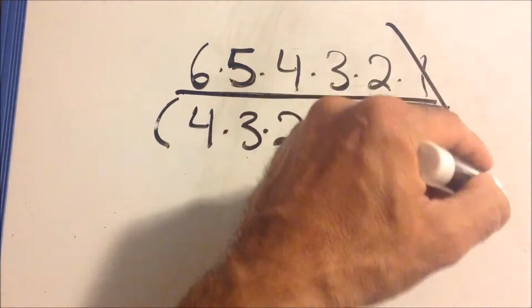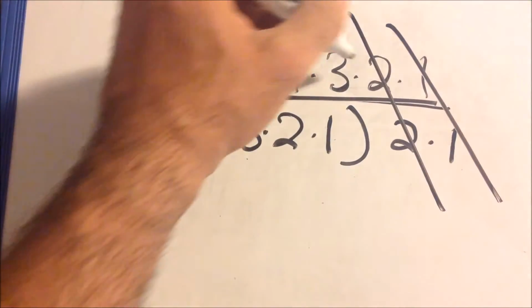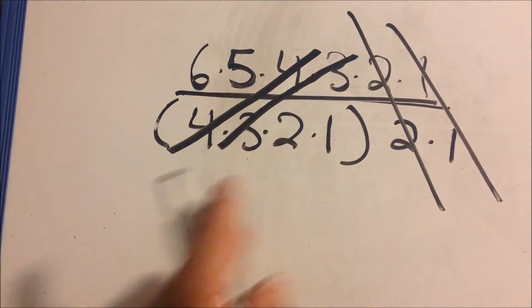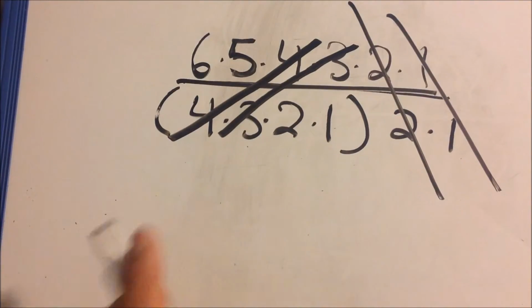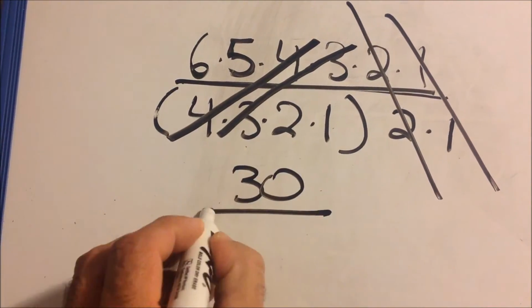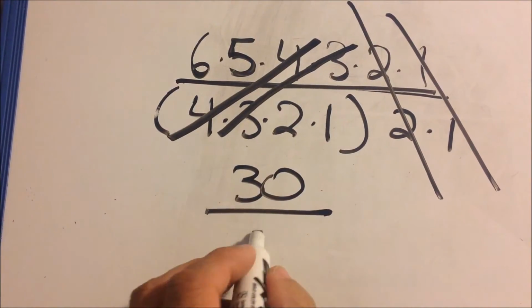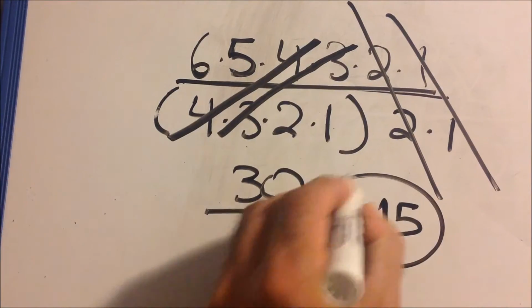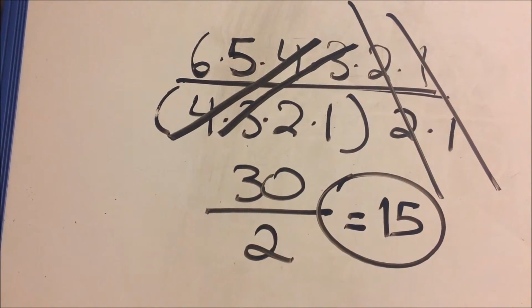If they're the same, we can cancel the 1 here, the 2 here. We can cancel the 3 and the 4. We can also cancel more, but we'll talk about that in a minute. So what we have left up here is 6 times 5, which is 30. And then we have 2 times 1, which is 2. That'll give us 15, which we talked about before.